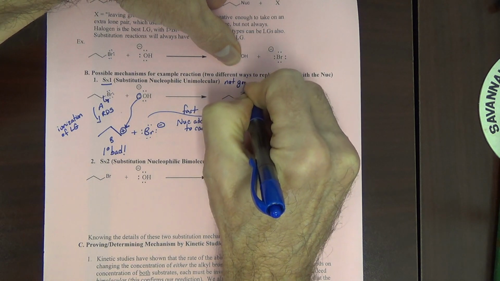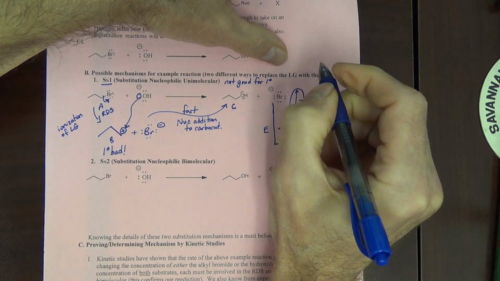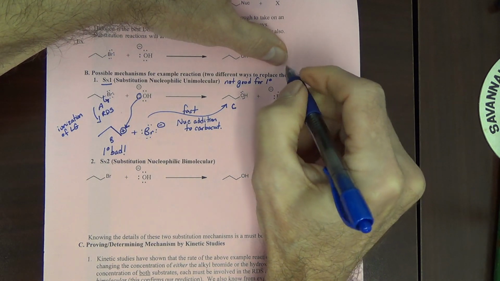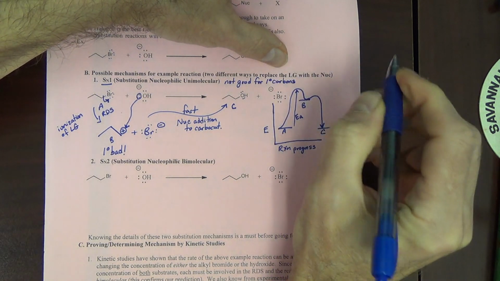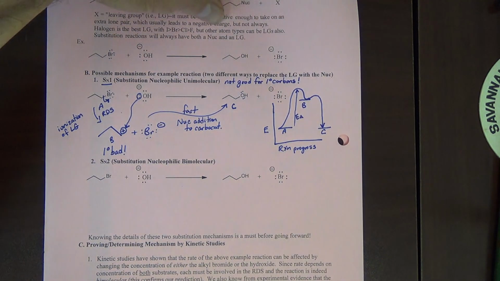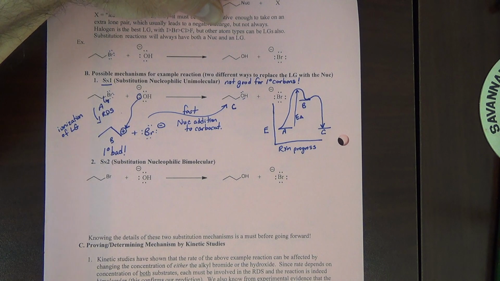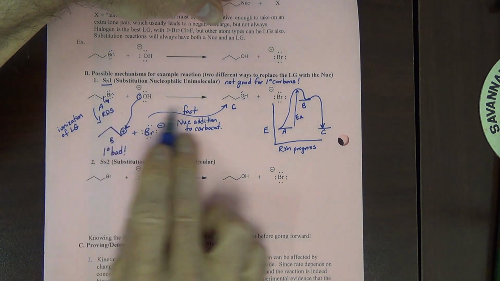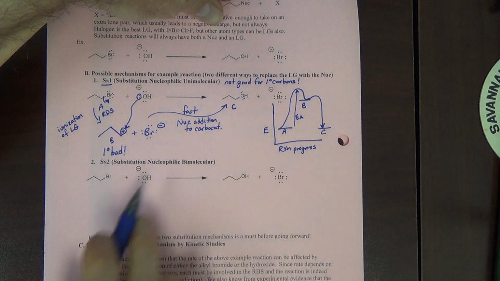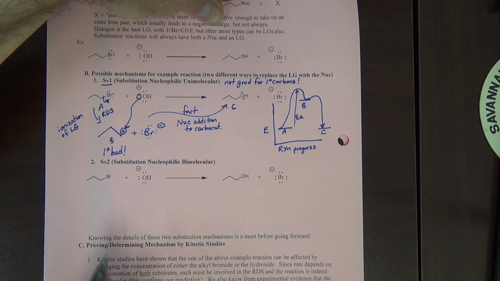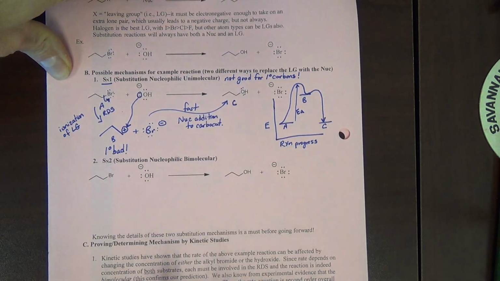This mechanism is not good for primary carbons, because primary carbocations are not good. As we move forward, we'll clarify many of these points about our mechanisms. Let's look at the other possible mechanism, or another possible mechanism for this reaction.